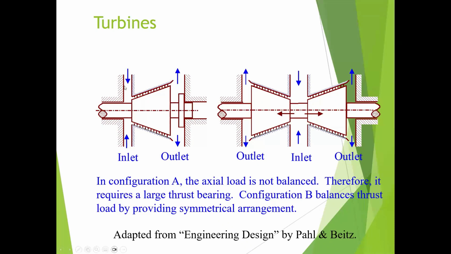Right, so you can see here this gas. The gas is fed from the top and bottom, and then this gas will flow from this one this way, and from this orifice this way. When this gas flows this way, it will generate this axial load, and this is the turbine, right?